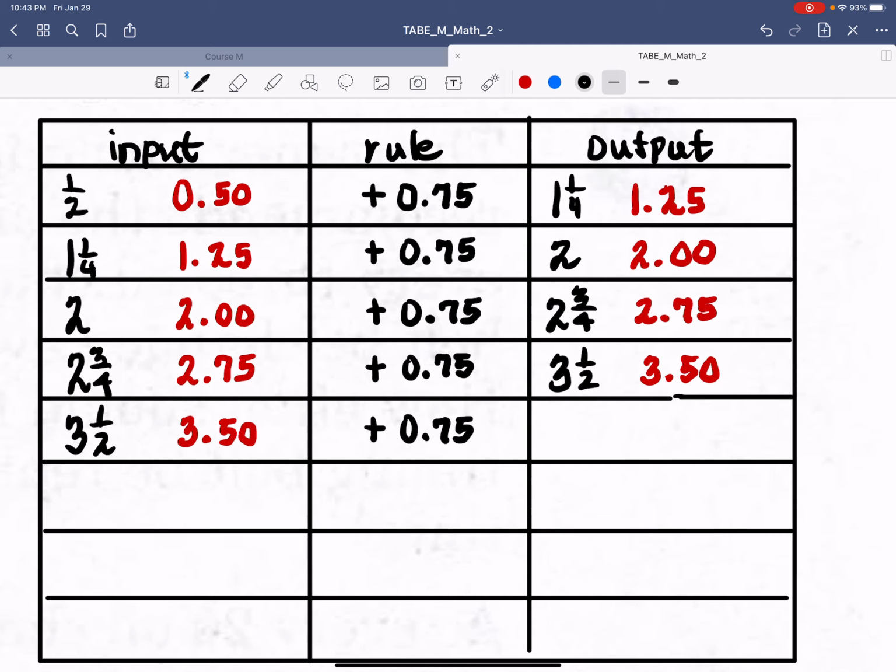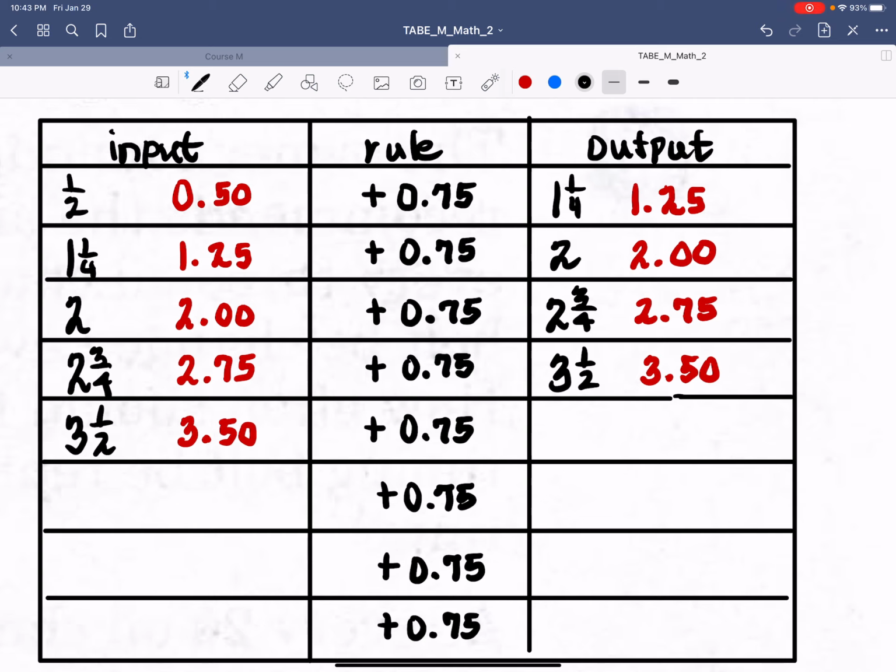Use your calculator if you need it. I'm going to go ahead and copy this pattern because I know it has to work for the whole table. That's why this process works, is because we don't change the rules.